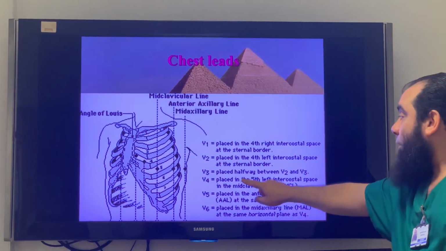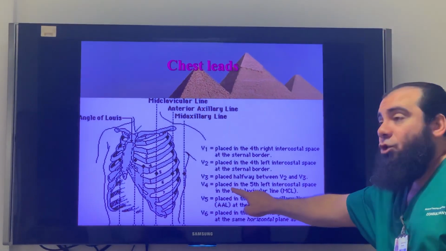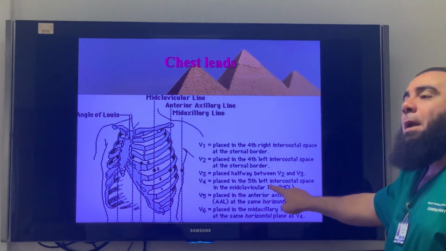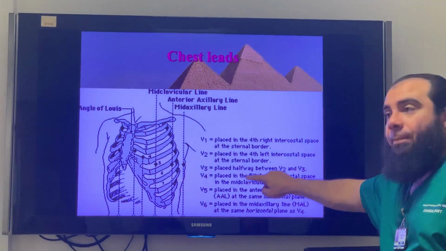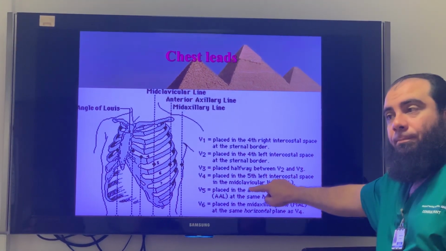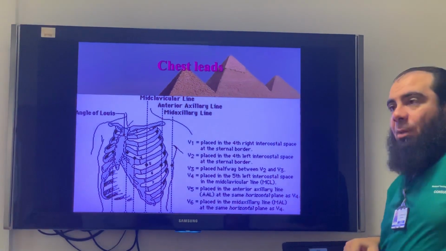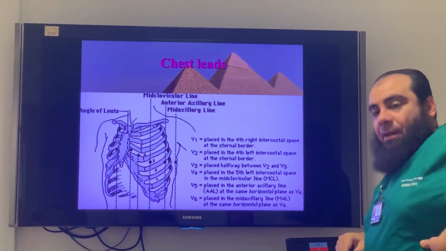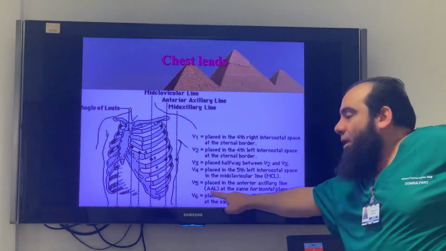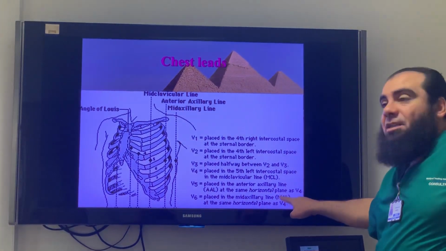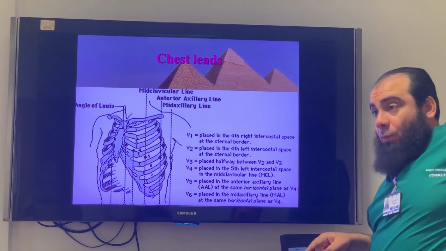Then, just bypassing it, V4 is going to be the fifth intercostal space, mid clavicular line, and V3 between both of them. Okay? V5 and V6, same line of the fifth intercostal space, but going toward the axilla. So this one is mid clavicular line, that one anterior axillary line, that one is the mid axillary line. So just the same fifth intercostal space, going to the axilla. Okay?